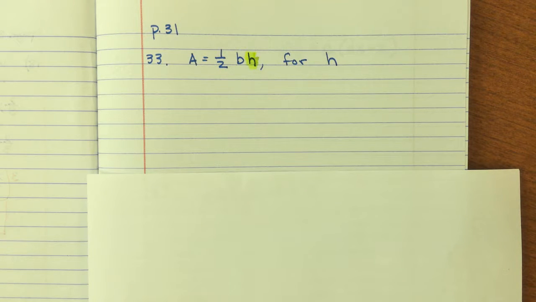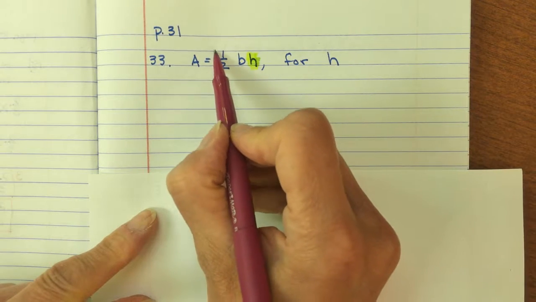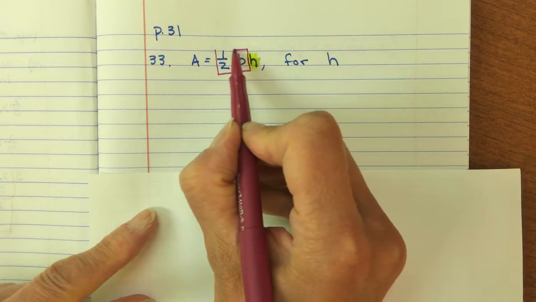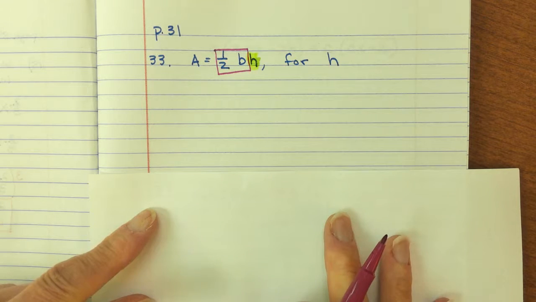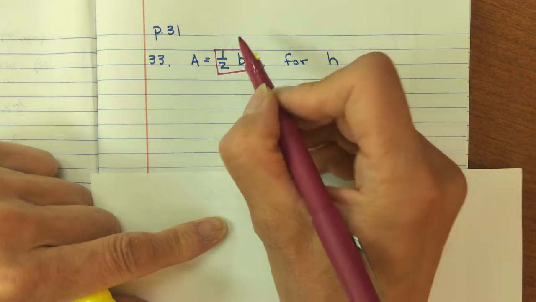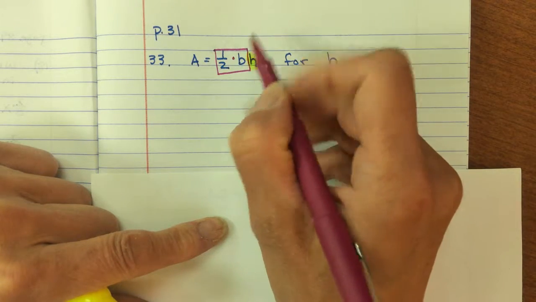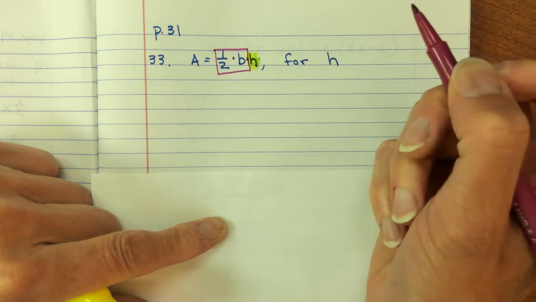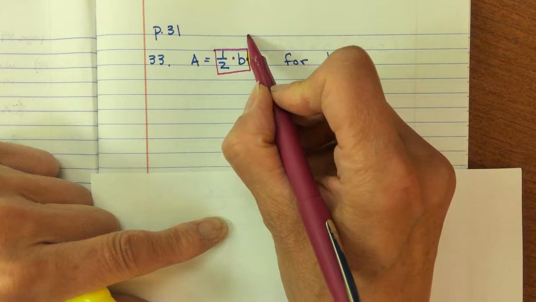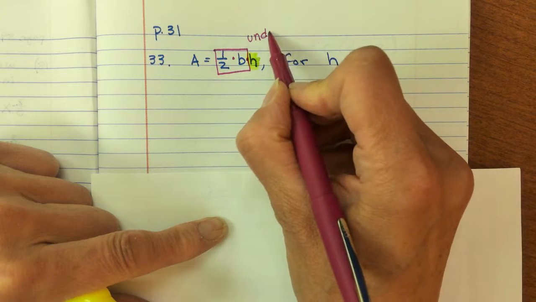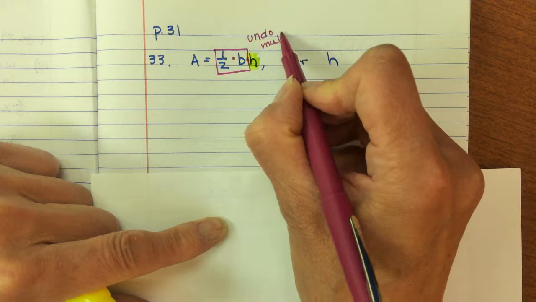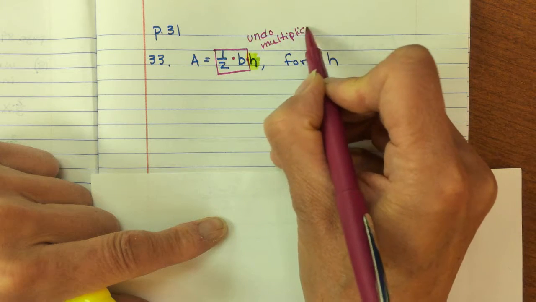So that simply means that I just need to get rid of this 1/2 b. I need to get that out of there. So I ask myself, what operation is happening? There's a multiplication happening here and a multiplication happening here. So basically I need to undo multiplication.